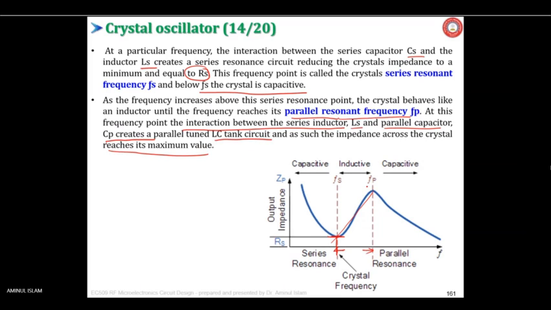Here, you see that the impedance value is maximum. Maybe you can call it ZP. Okay, here it is RS impedance. Here it is ZP at the parallel resonant frequency.